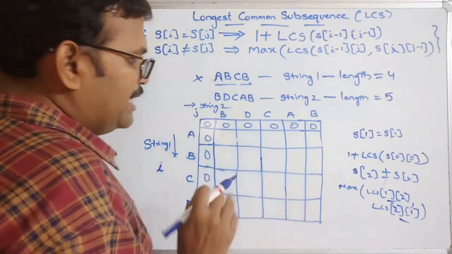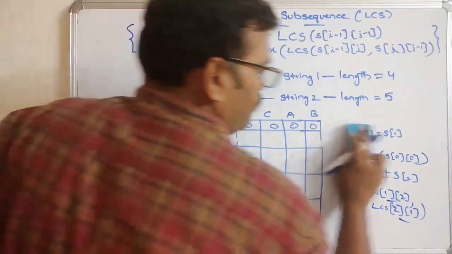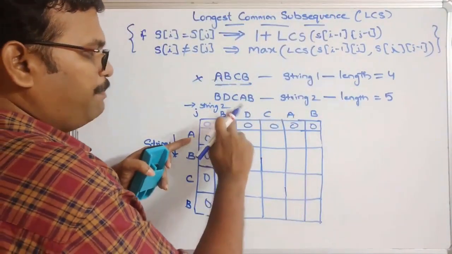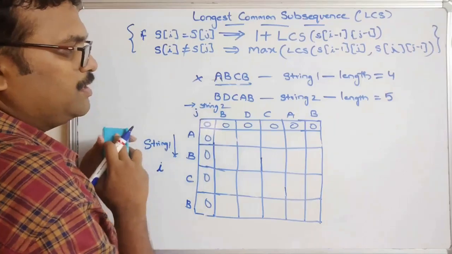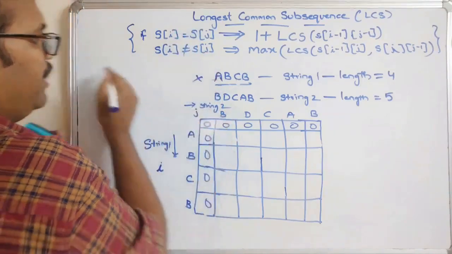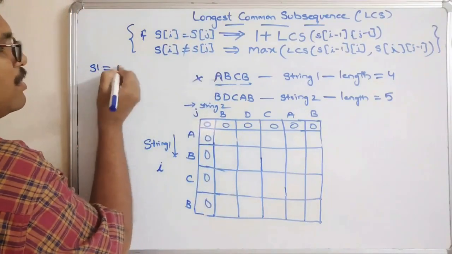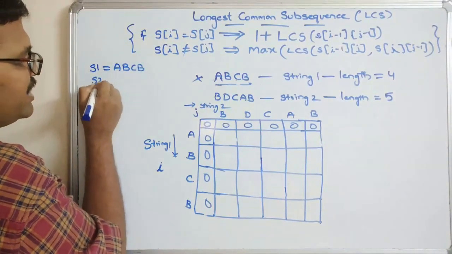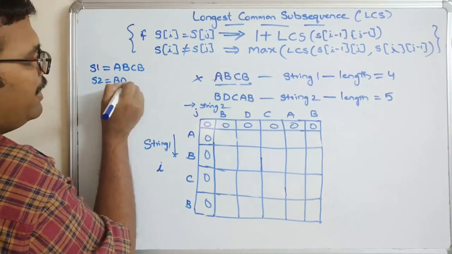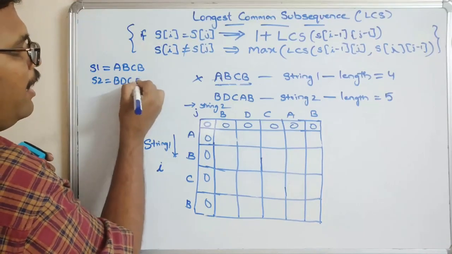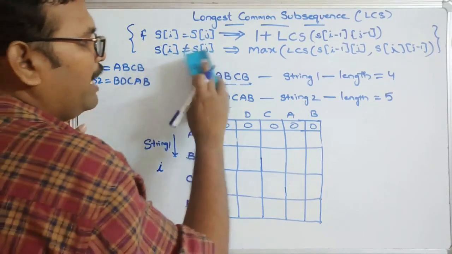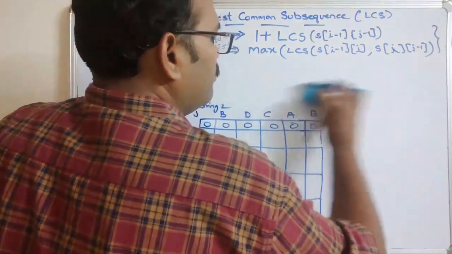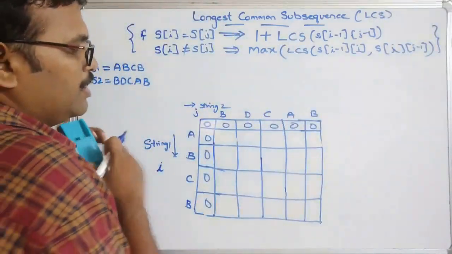So how? See, A and B. Here I'll write the strings so that we can erase this portion. So string 2 is B, D, C, A and B. I'll erase this one so that there will be no confusion.